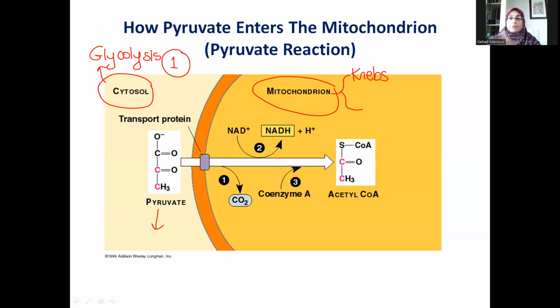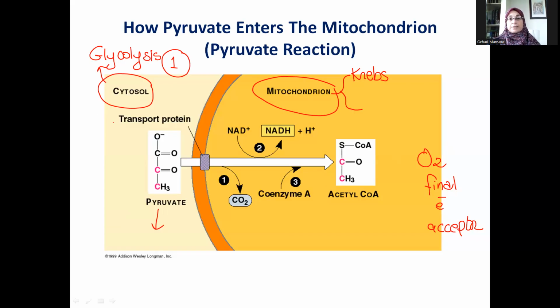But in case of availability of oxygen in the mitochondrion, and as we said, oxygen is the final electron acceptor in the electron transport chain, then the whole process will proceed.